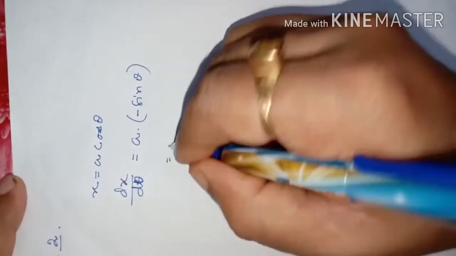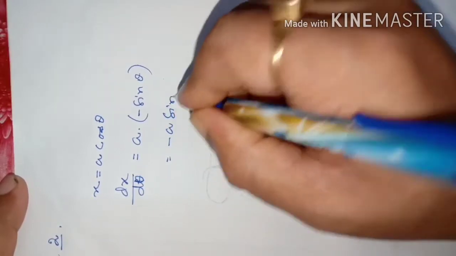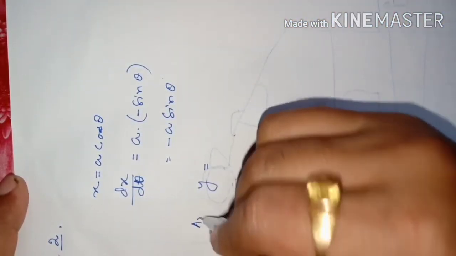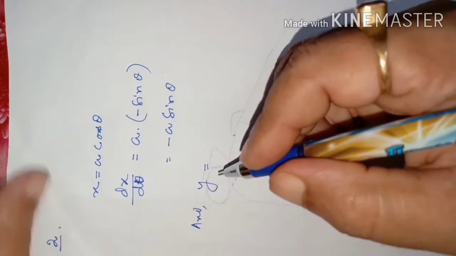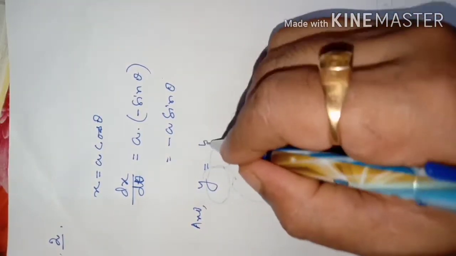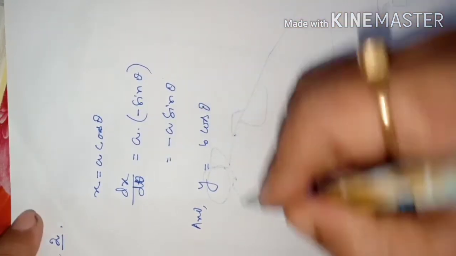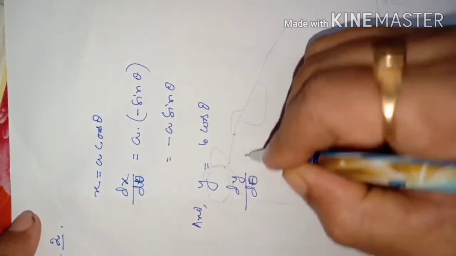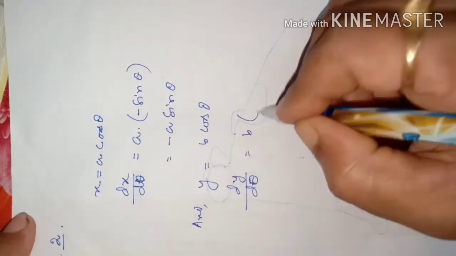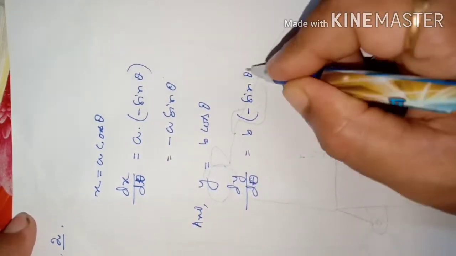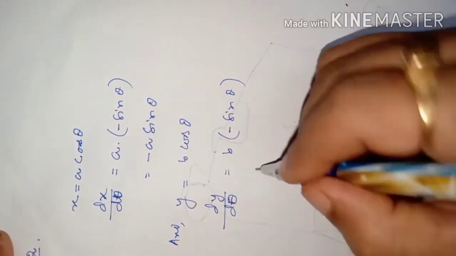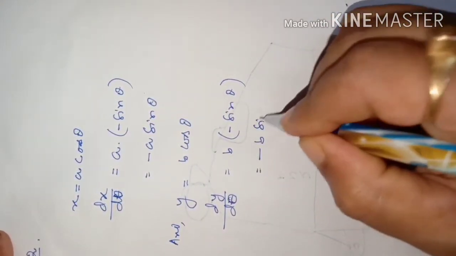So this is minus a sin theta. Again, y is given as b cos theta. Then dy by d theta will be b into minus sin theta, so the result is minus b sin theta.